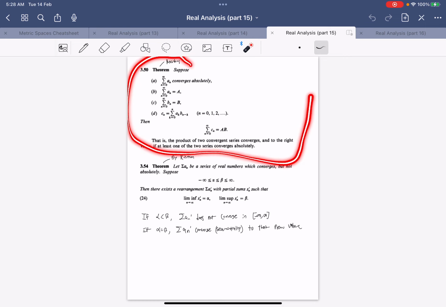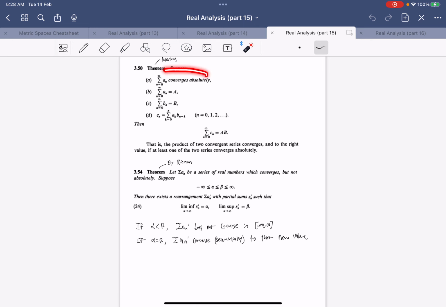This theorem by Mertens says that if one of the series converges absolutely, say to A, and the other series converges to B but may not be absolute, just conditionally, then c_n, being the convolution, the series c_n will converge to A times B. As long as one of the series converges absolutely, it's enough to show that c_n converges.